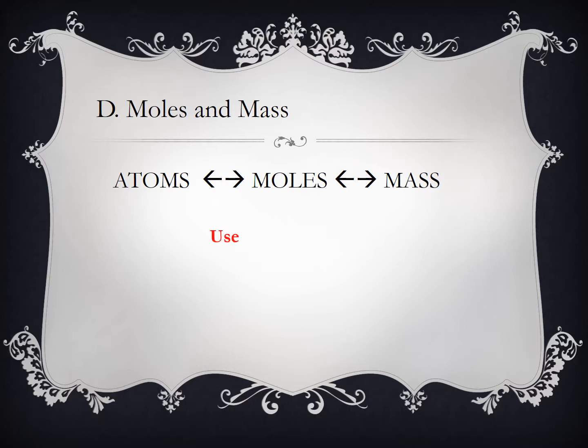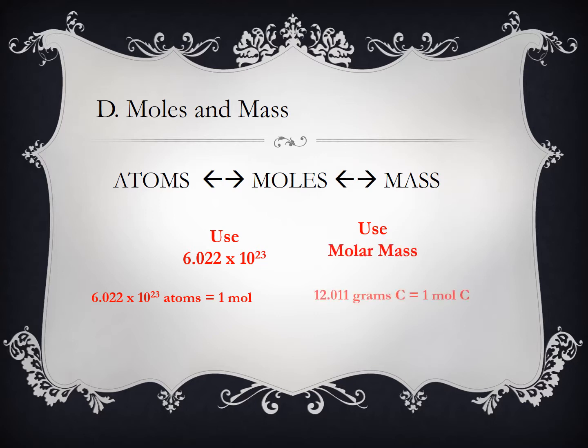So if we have atoms in the moles, we use Avogadro's number, which is 6.02 times 10 to the 23. If we're going to mass, we use molar mass, which is, for example, carbon is 12.011 grams for every 1 mole. Again, that comes from the periodic table. Another unit that we are going to work with later on is concentration.